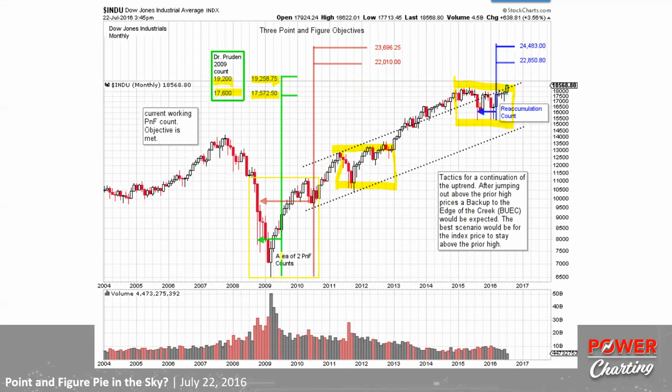And also notice when we widened out our point and figure count, which you saw in the prior slide, it gave us a much higher count. And this all was generated in the base of the original accumulation area of the point and figure in 2009-10. So let's move on.